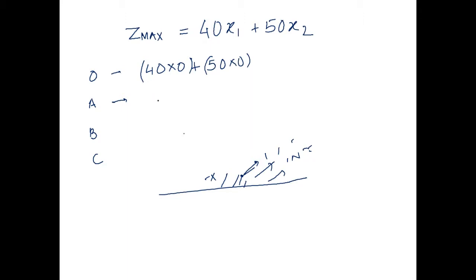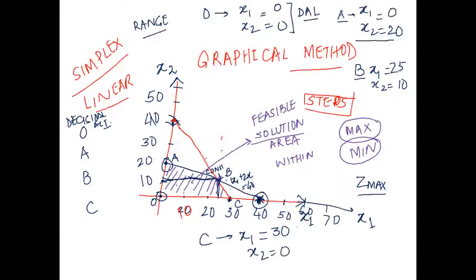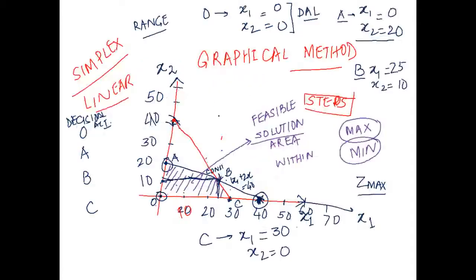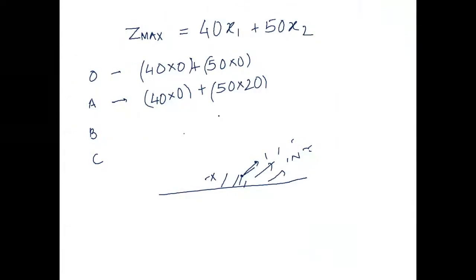At point A, x1 is 0 and x2 is 20, so 50 multiplied by 20. Please correct me if I am wrong; I have to go back and check.